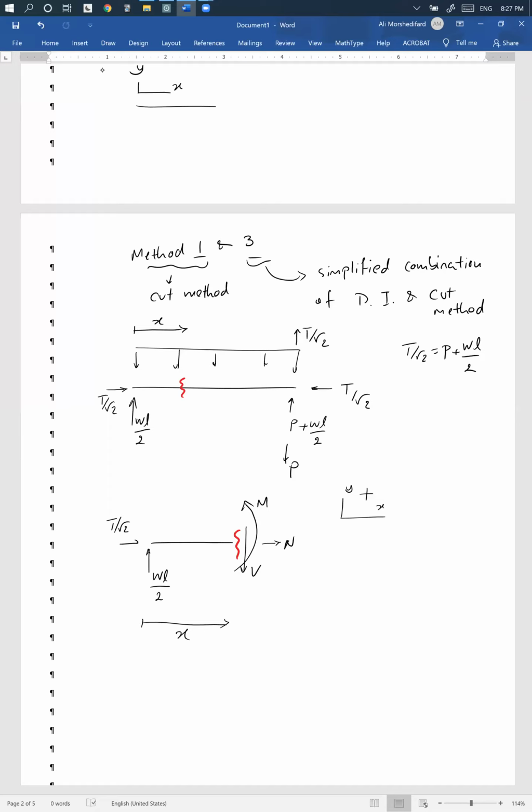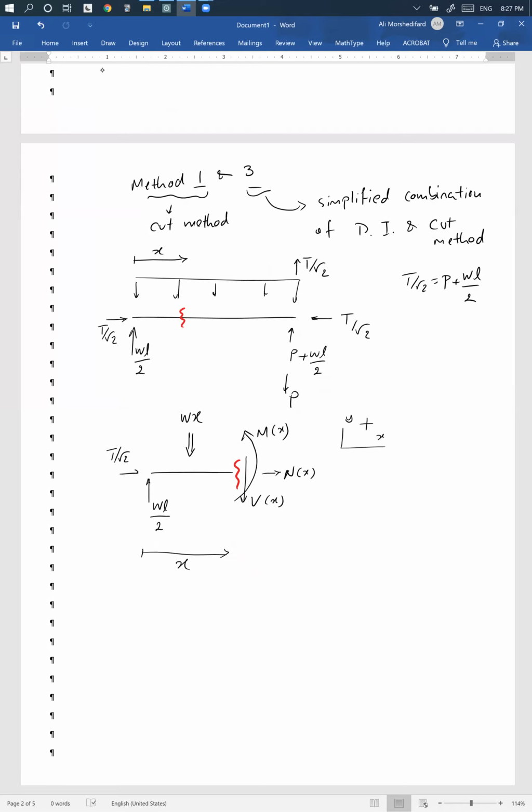The resultant for this segment is W times x. So I have a segment and I've put all the forces that I can possibly have on it. I want N, V, and M as a function of x, so I just have to calculate them for this segment.